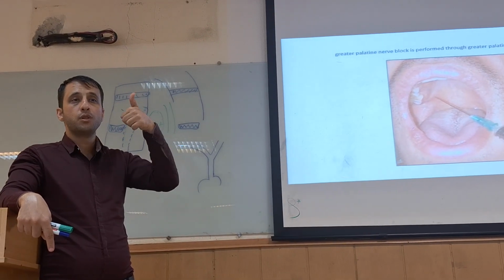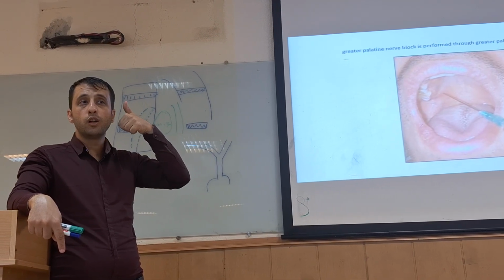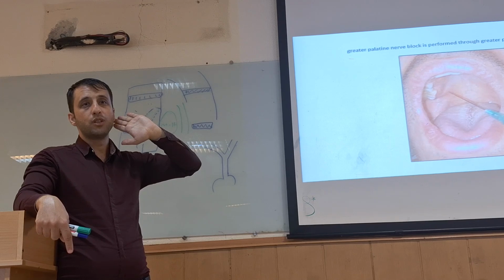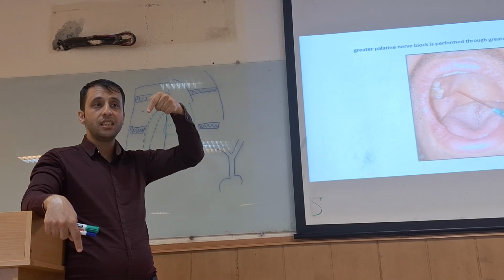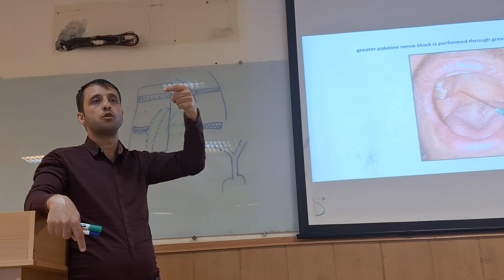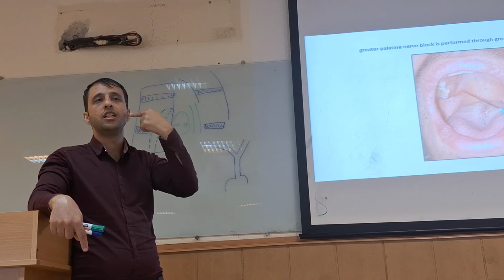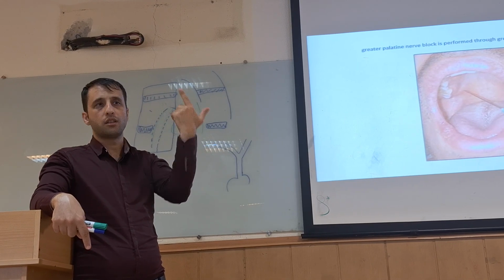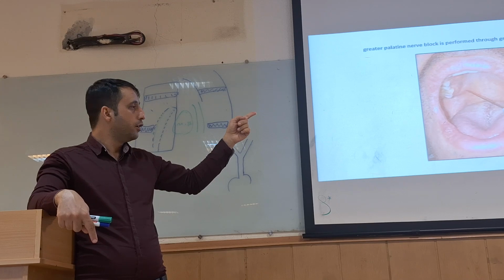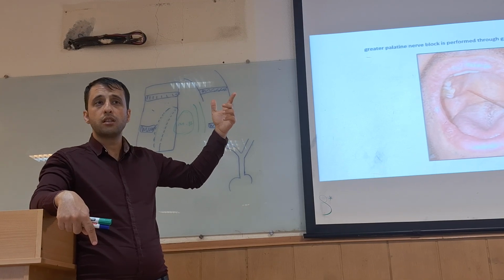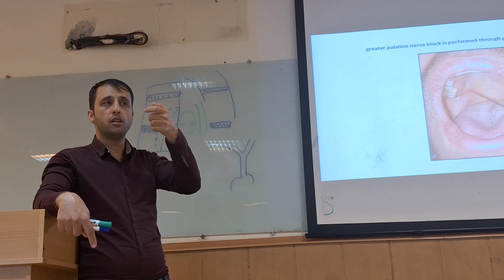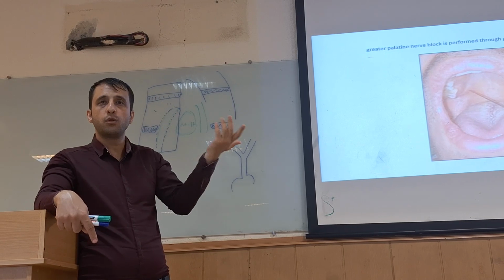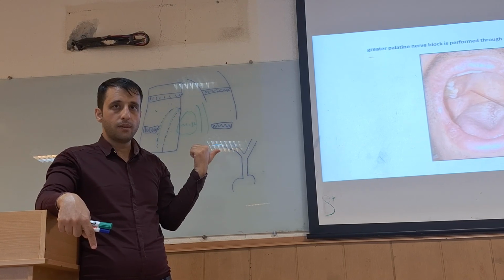I said that the posterior superior alveolar canal in the posterior surface of the body is the site of inserting the posterior superior alveolar nerve, which innervates the molar teeth. So if I do this work, I cannot paralyze the posterior superior nerve and I cannot remove the molar teeth without any pain. Okay?